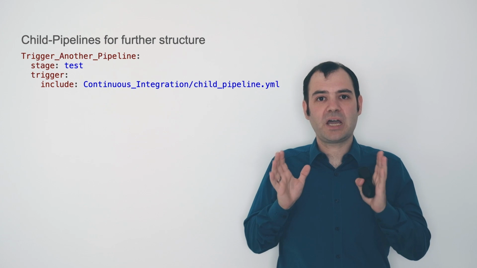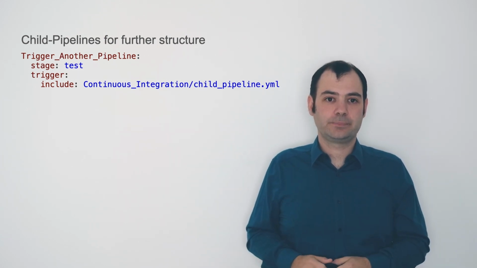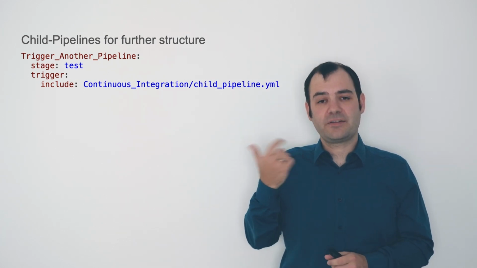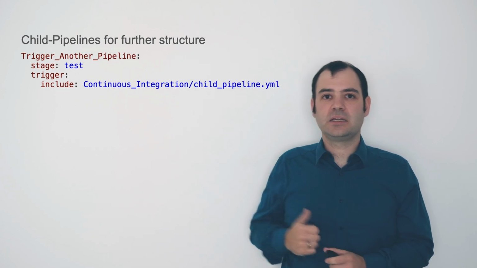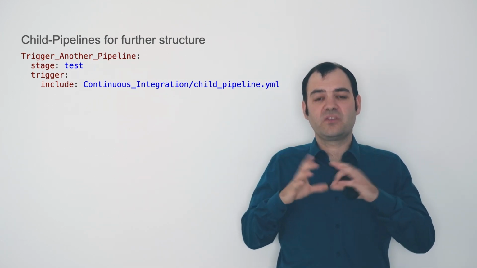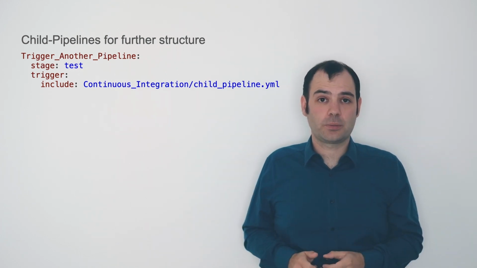Previously, I said that you have a single pipeline, and normally this is sufficient. If this is not sufficient and you need more, you can have so-called child pipelines. So your one main pipeline triggers more pipelines that run again. This is done with the keyword trigger. After trigger, there is include and a link to a YAML file. And this YAML file is a separate new pipeline with multiple stages, with multiple jobs.